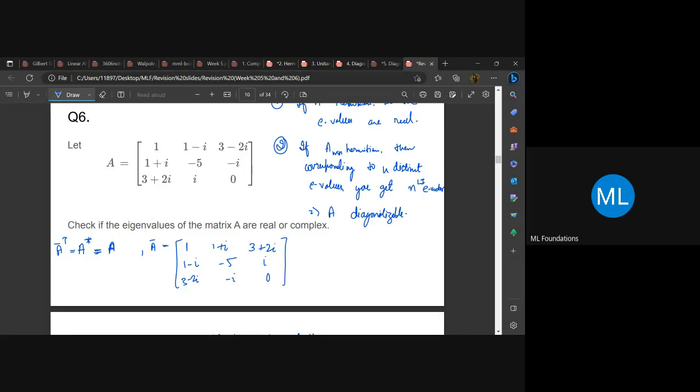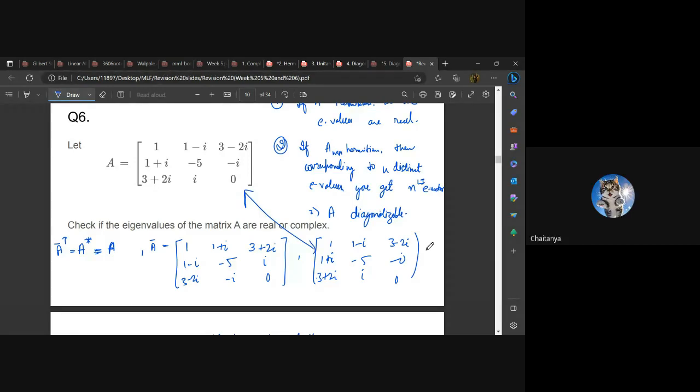Now you take the transpose, you get 1 plus i, 3 plus 2i, 1 minus i, minus 5i, 3 minus 2i, minus i, 0. You see they both are the same.